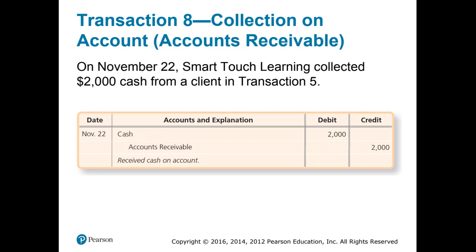And then on November 22nd, Smart Touch Learning collected $2,000 cash from a client that happened in transaction 5. So we're going to record on November 22nd that we debited cash of $2,000. We credited accounts receivable of $2,000, and our note is that we received cash on account.